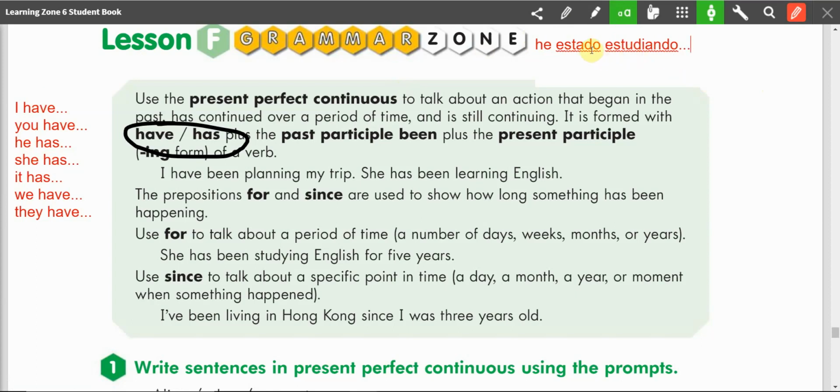So when you say he estado estudiando, ha estado jugando, hemos estado corriendo, han estado planificando, it's the exact same. So if you know how to do this in Spanish, you're following the same formula here. So this is have or has, been, and then the verb plus ing. So this is how you use it in Spanish. Right there. So if you need help, you can look in your language and literature books for that as well.